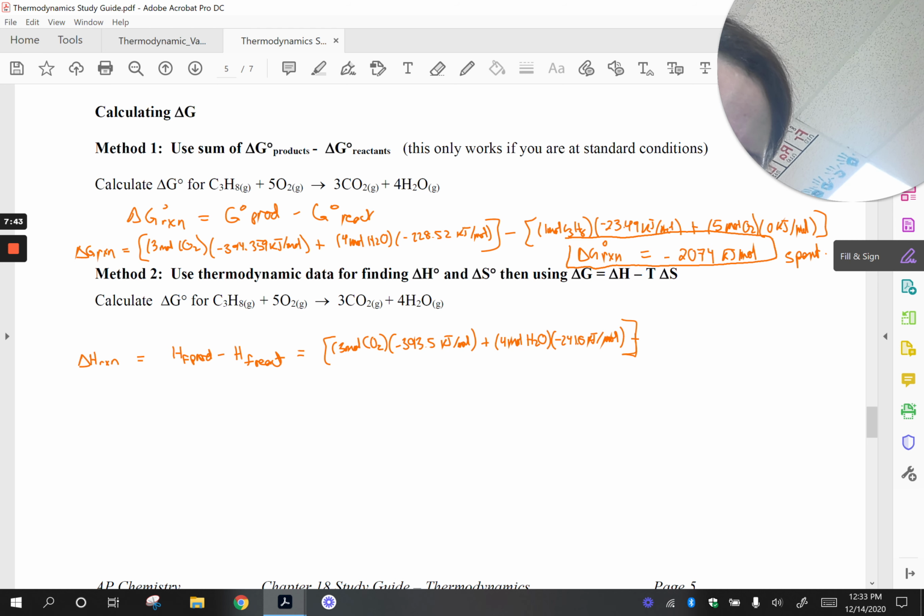Oh, sorry. And then, so this is products minus the reactants. I have 1 mole of propane.